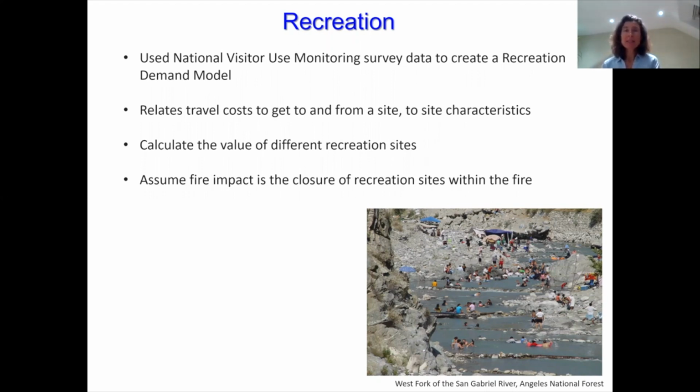Based on this, they related travel costs to get to and from a site to the characteristics of that site. By doing that, they were able to calculate the value of different recreation sites on the national forests. And then the assumption is that when there is a fire, these recreation sites will close, and that leads to the calculation of the economic value associated with that closure.